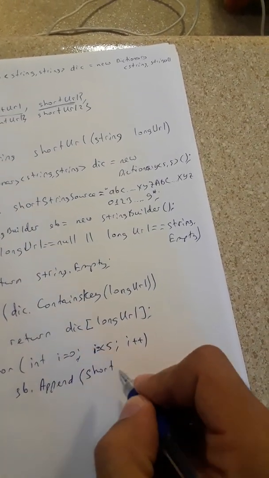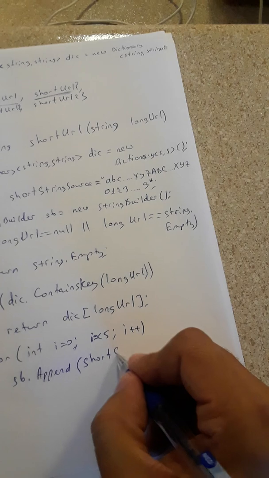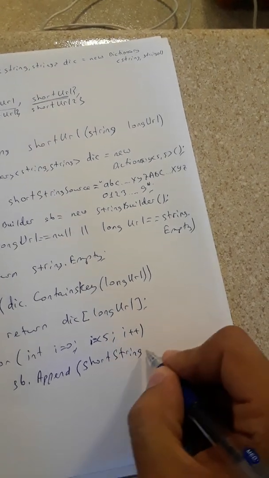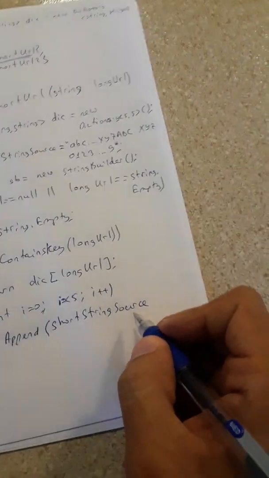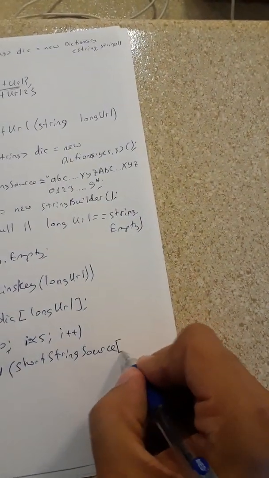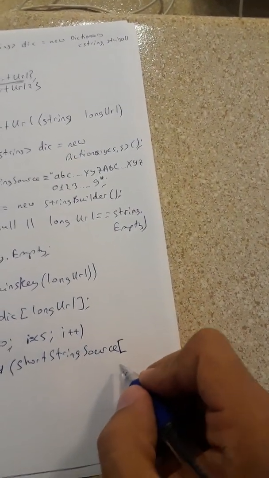From the short string source I will always take just one character, using the indexing of the string.